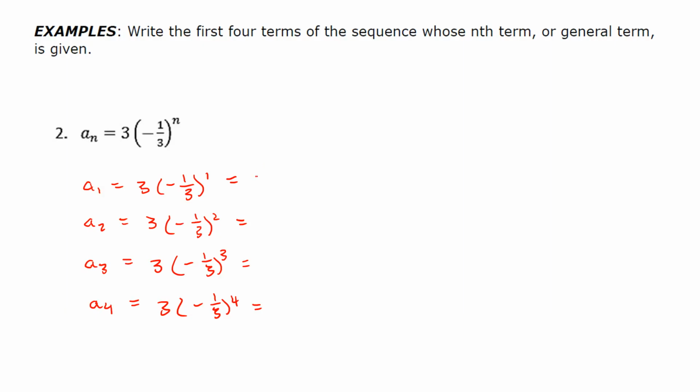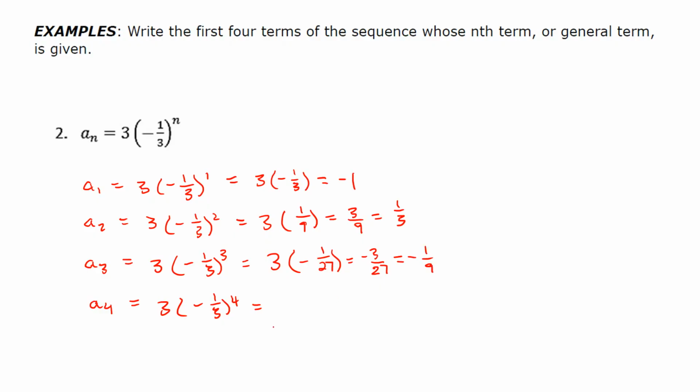So we'll have 3 times negative 1/3, which would equal negative 1. Then we'll have 3 times a positive 1/9, which would equal 3/9, which will equal 1/3. We have 3 times a negative 1/27. So that would be negative 3/27, which simplifies to negative 1/9.